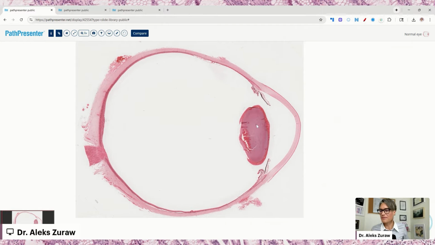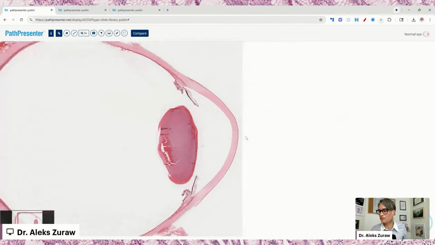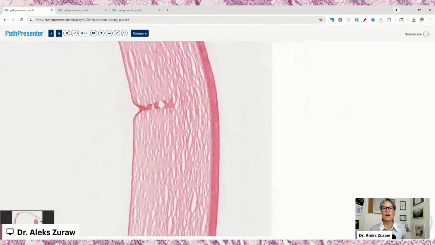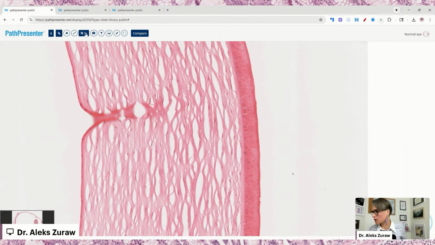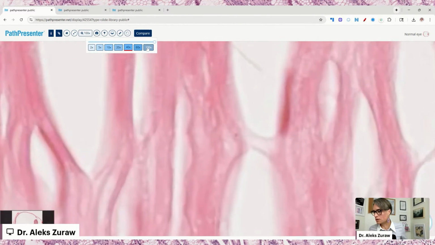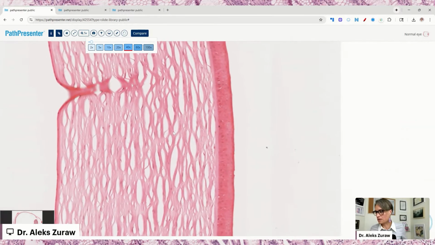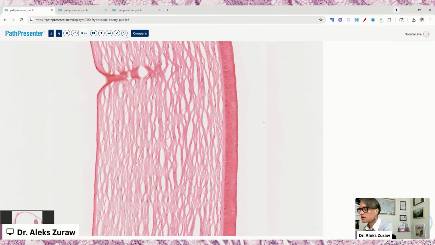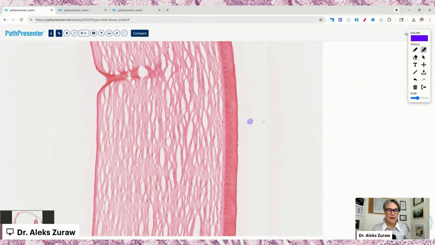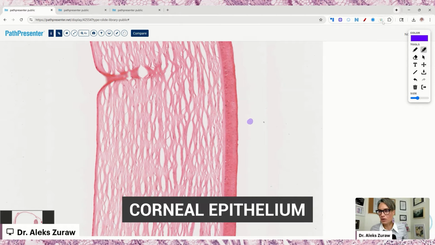Starting with the fibrous tissue from the very front, we have the cornea. And the cornea has a couple of layers, as you can see here. We can go even super high, 100x. We can see everything here, but let's look at the structures. You can clearly see the first dot is near the corneal epithelium.